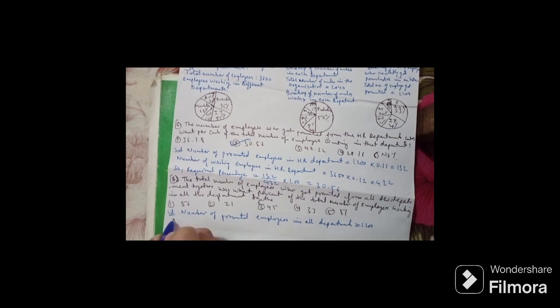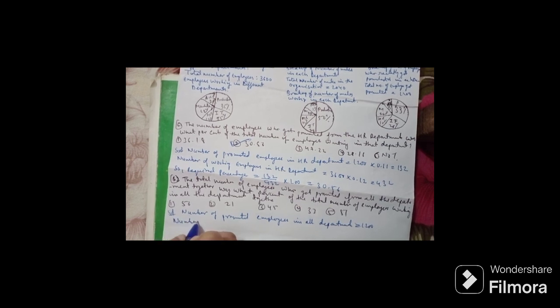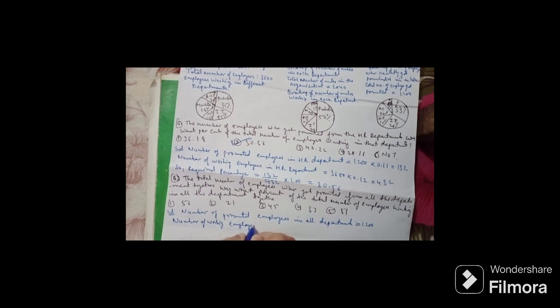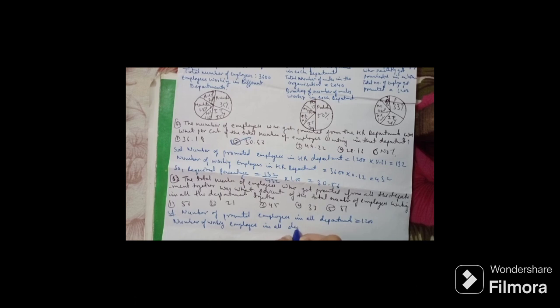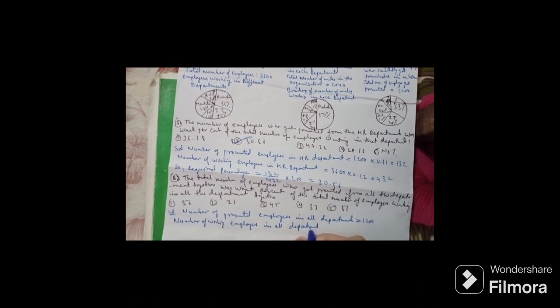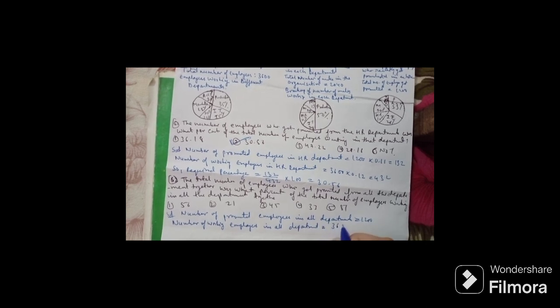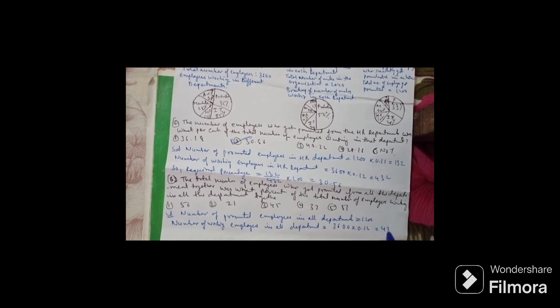Okay, so number of working employees in all the departments equals 3600 into 0.12, which is equal to 432.